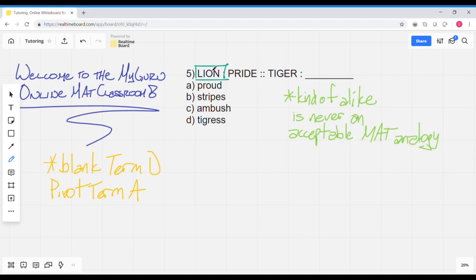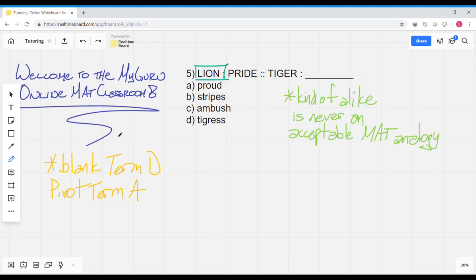So that means that lion is kind of like tiger is not going to be right. So we don't want to relate the lion to the tiger, and we always need to consider alternative definitions of common terms. And in this case, that would be pride.